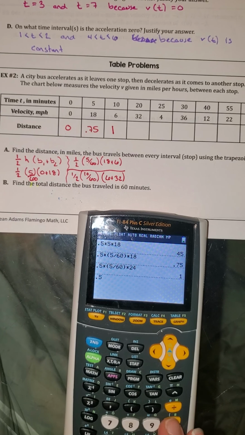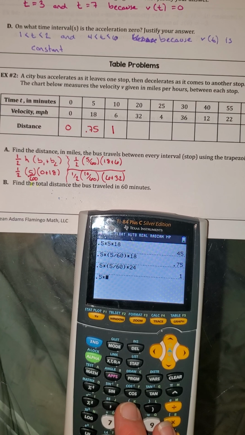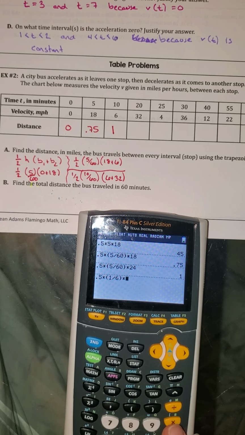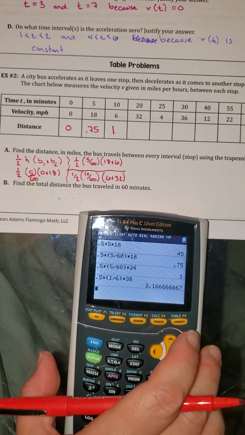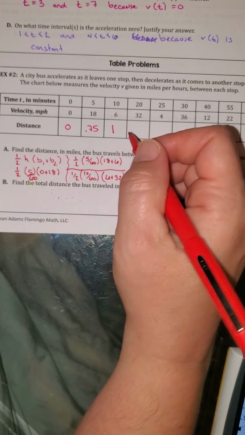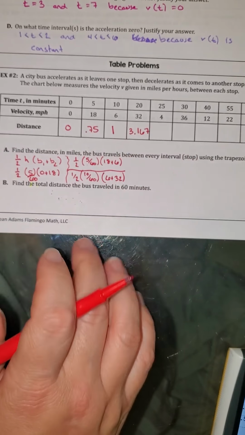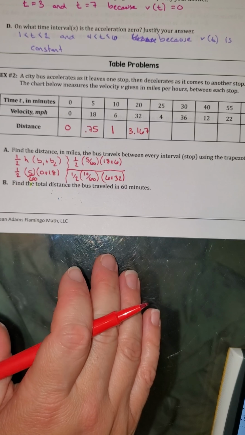So 0.5 times 10 divided by 60, or 1 divided by 6, times 38. We get 3.166. I guess we should do 3 decimals. Okay, 3.167. So on and so forth.